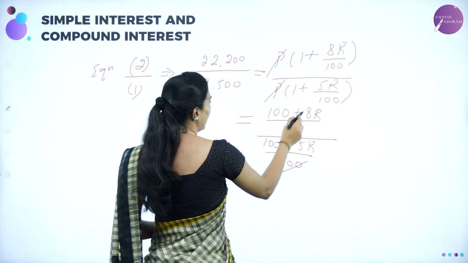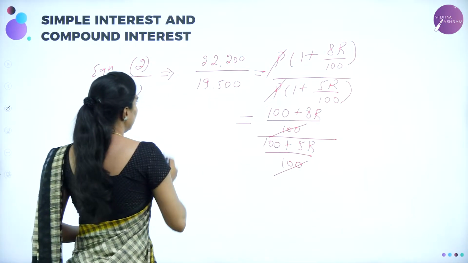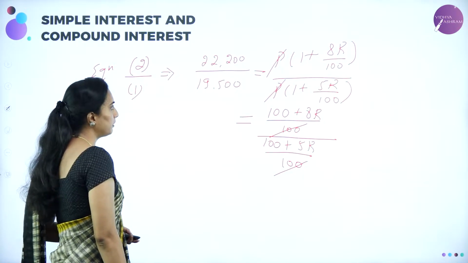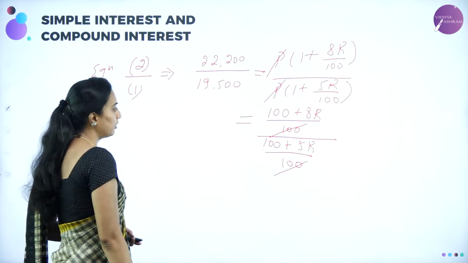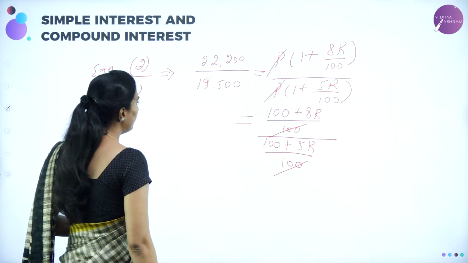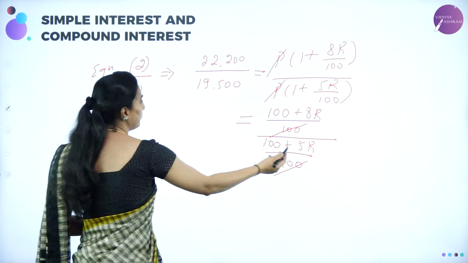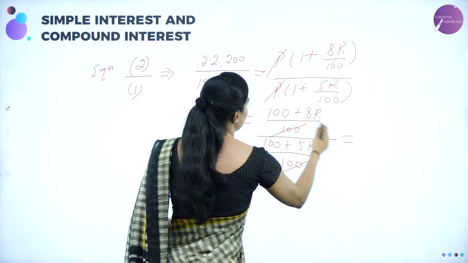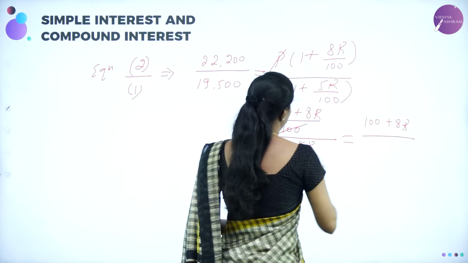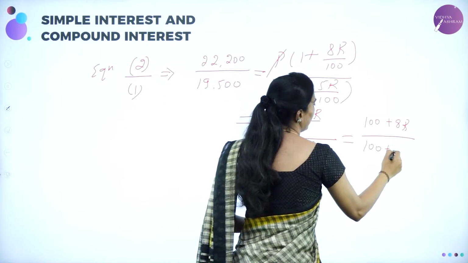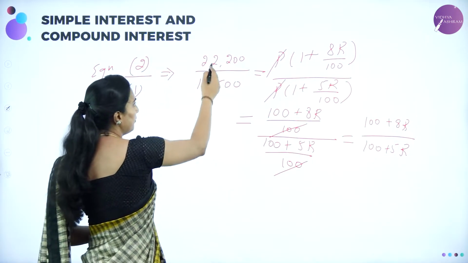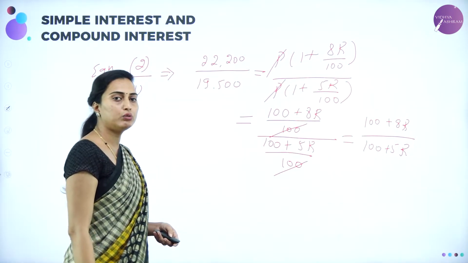Now 100 and 100 get cancelled, and cross multiplying, 100 + 5R is multiplied to 22,200.